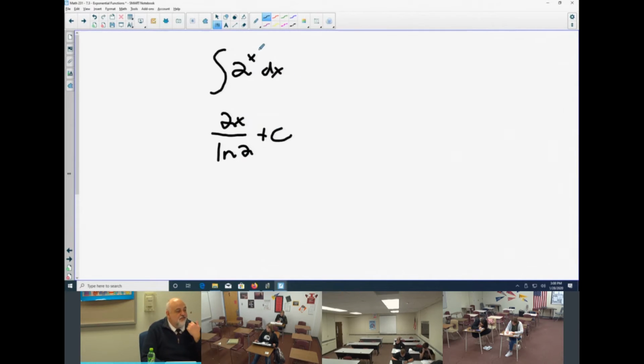Now, if you don't have the derivative of the exponent, let's say it was 2 to the 3x, then you would need a 3 right here. And so you'd multiply by 1/3 in front. That little trick that we did before. Okay? So let's just see how you do on those last couple for practice 6.